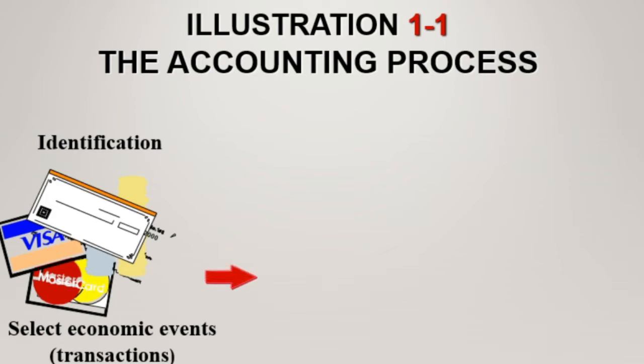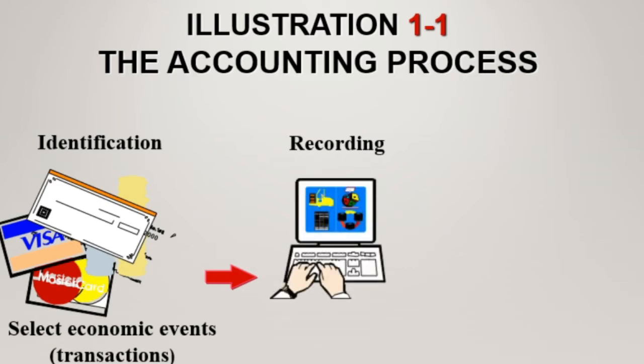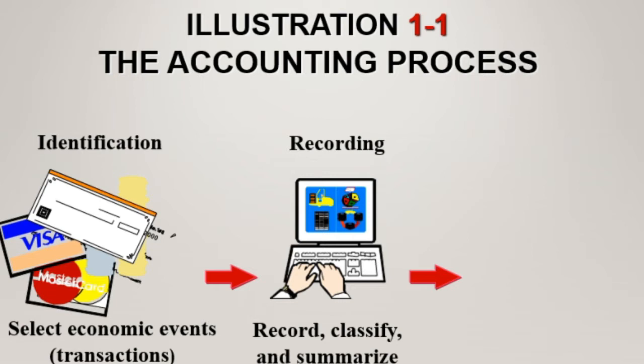The second phase involves the recording process. In the recording, the accountants record business transactions. They classify, sort, and then summarize by creating financial statements, and those financial statements are to be reported to the end users of the financial statements, or FS.